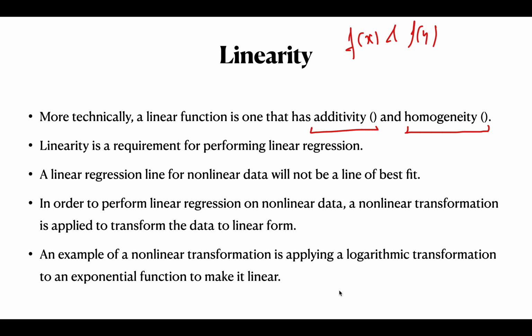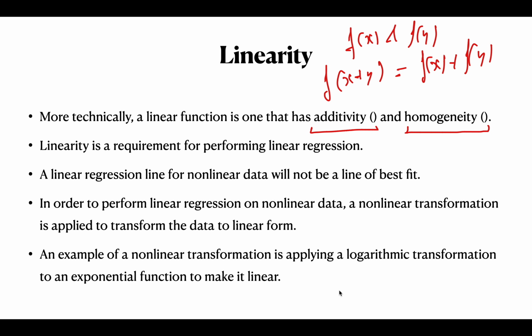The additivity property says that f(x + y) will be equal to f(x) + f(y). There might be some more constants involved, but this relation will definitely sustain. This is additivity. If there is any linear function, then it will satisfy the additivity property.